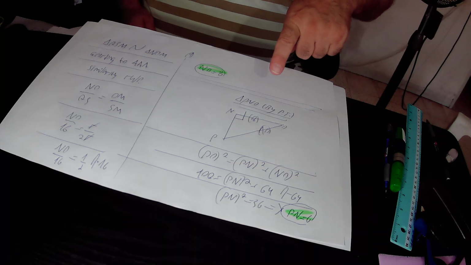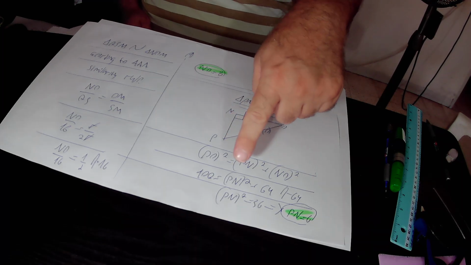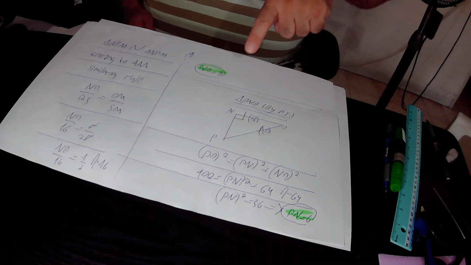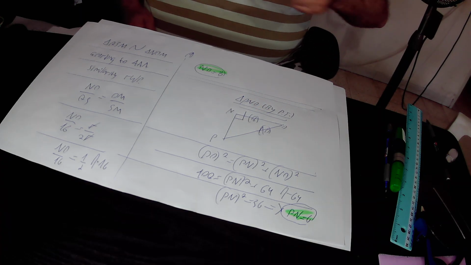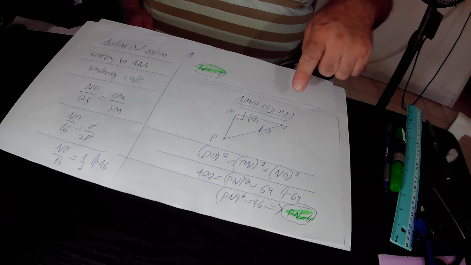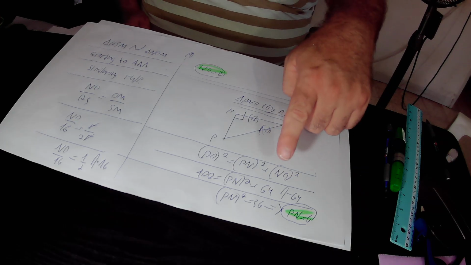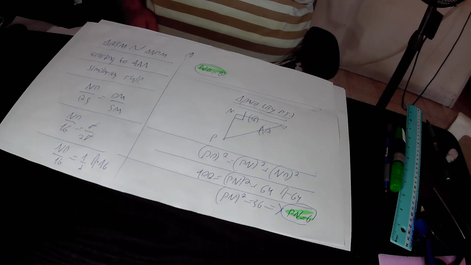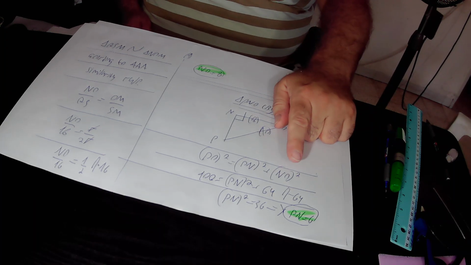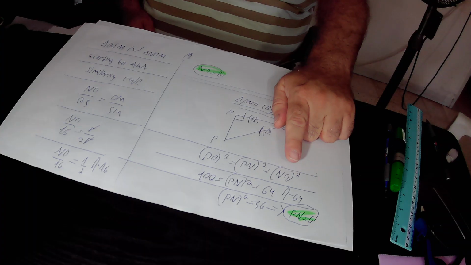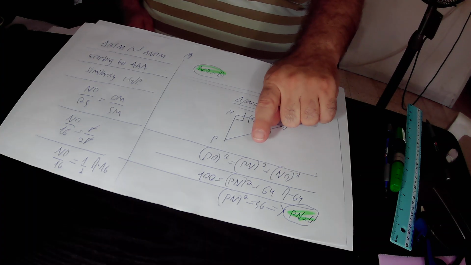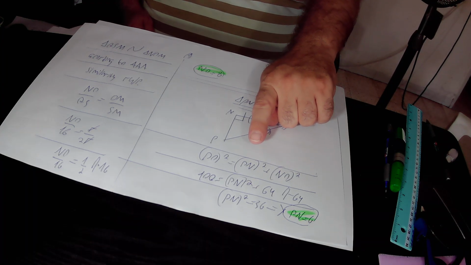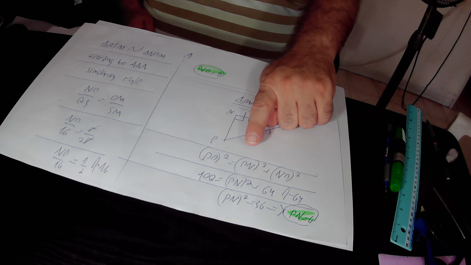PO is 10, therefore PO squared is 10 squared, that is 100, and it equals PN squared. PN is the missing side, so we leave it as it is. Plus NO squared. NO is 8, therefore NO squared is 8 squared, that is 64. So in total, we find that 100 equals PN squared plus 64. Here we subtracted 64 from this equation, and finally found out that PN squared, the missing side, equals 100 minus 64, that is 36.